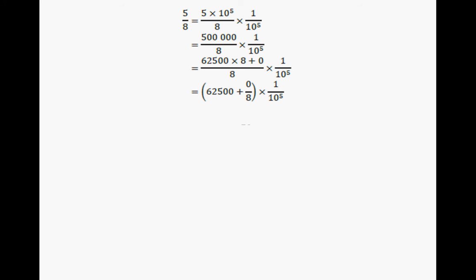Separating this into addition, this would be 62,500 plus 0 over 8, times 1 over 10 to the fifth power, which is 62,500 times 1 over 10 to the fifth power, which again is 62,500 over 10 to the fifth power, and that is 62,500 hundred thousandths, which again is the same as 625 thousandths. So using 10 to the fifth power resulted in the same answer.